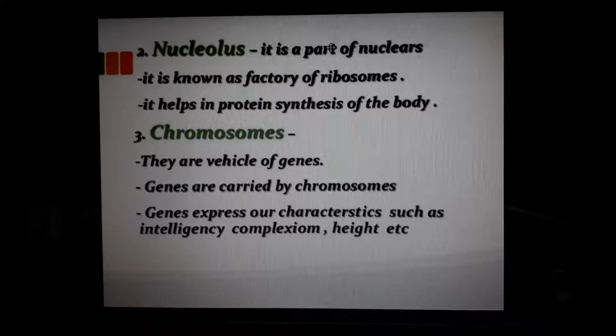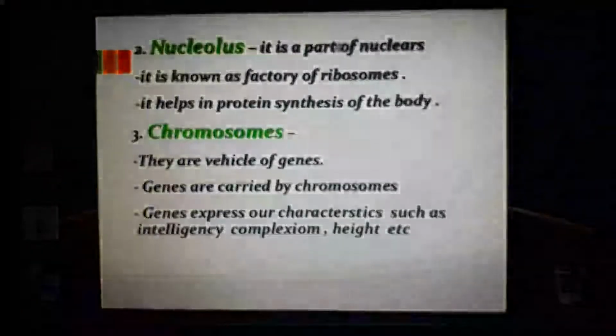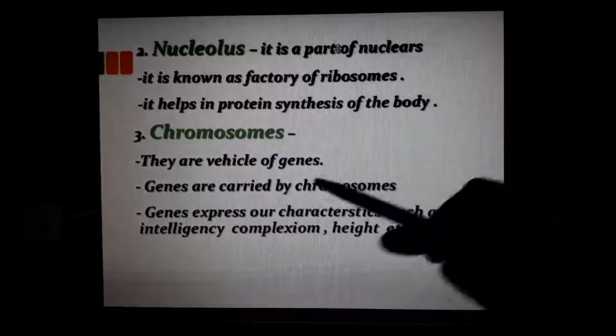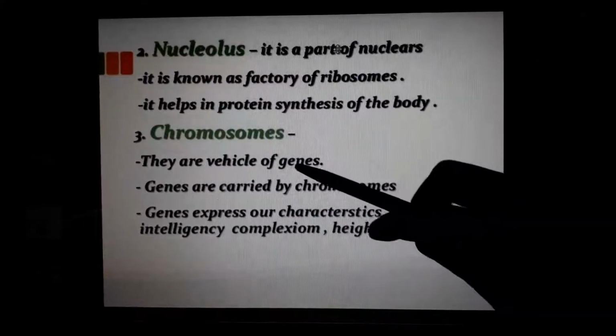Another thing inside the nucleus is the chromosomes. They are vehicles of genes. Understand? Genes means, for example, if our parents are taller, their children will also be taller. If parents are shorter, their children will also be shorter, because they carry their genes to the next generation. Not that wearing jeans, no, it's not a cloth.